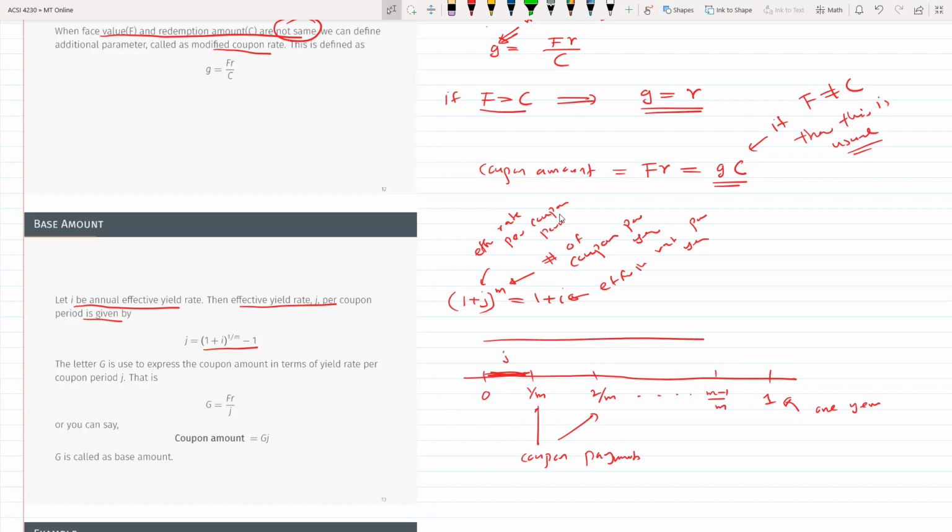Then for the entire year, it's i. So what's the connection? Of course, 1 plus i should be equal to what? 1 plus j to the m. So that's what you have in here. Then you define this nice quantity, the base amount, Fr over j. So here you have Fr. So Fr divided by j is called the base amount.